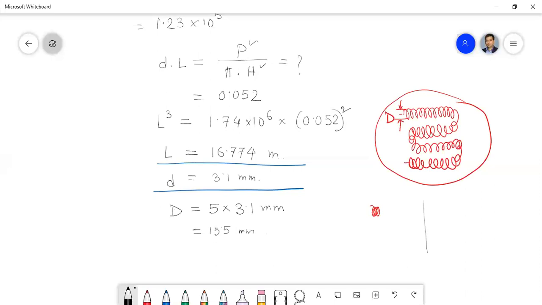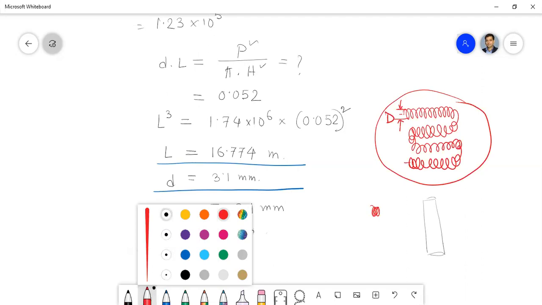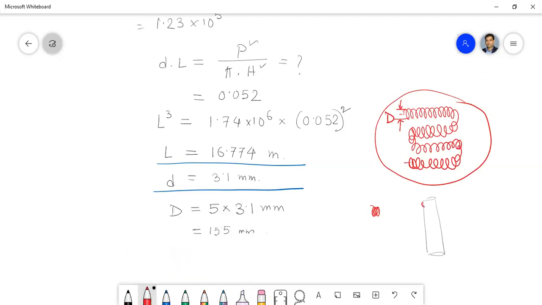Suppose we have an arm like this on which I will wind the coil. First I will wind like this, then the next like this, then the next like this.